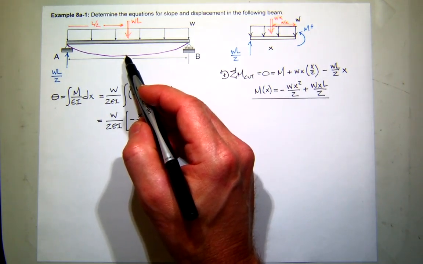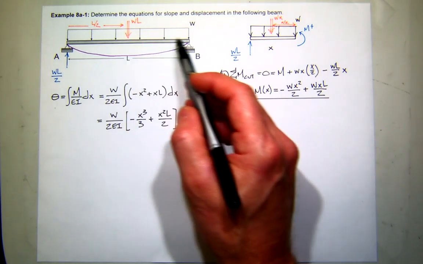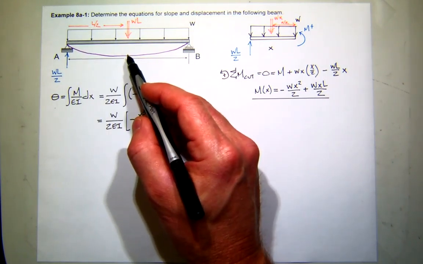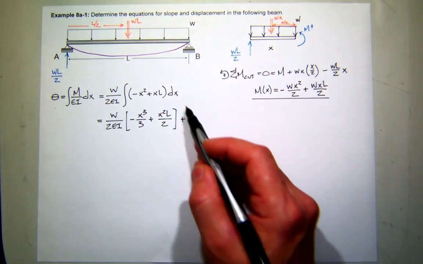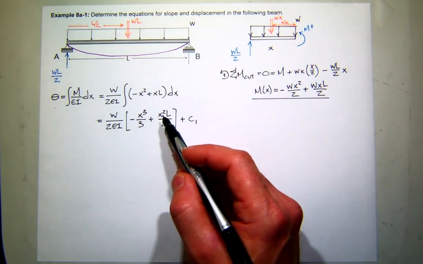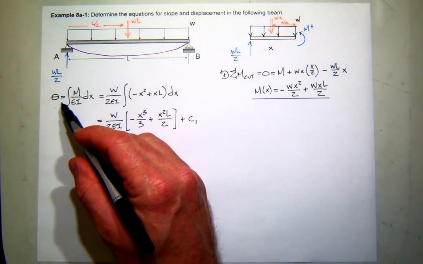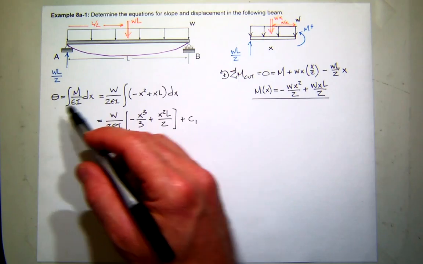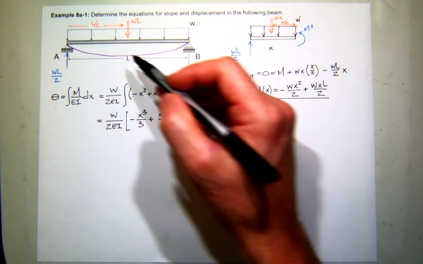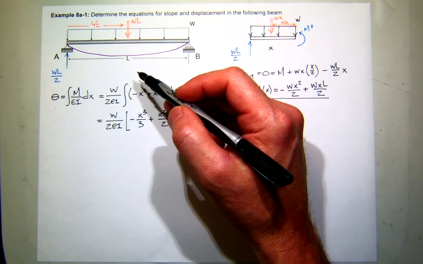So you might look in your book and see the author tell you that, with a constant load like that, we know that the maximum displacement occurs in the middle at L over 2. So I could actually come in here and say at x equal L over 2, I know my slope is 0. I personally find that to be dangerous, because what I found students doing is assuming that it's always 0 in the middle, and it's not always 0 in the middle.